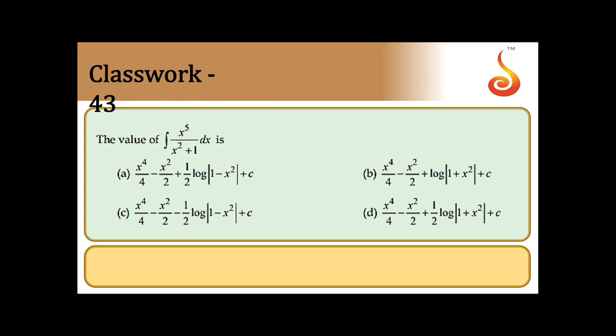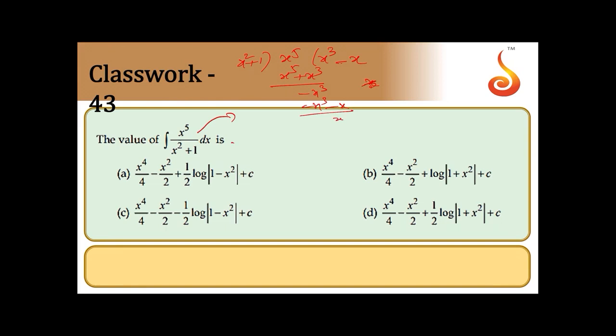43. Integral x to the power of 5 by x square plus 1. I think you can divide x power 5 by x square plus 1. Dividing, the first term is x cube. You get x power 5 plus x cube; subtracting, you get minus x cube. Then multiplying by minus x gives minus x cube minus x; subtracting, you get plus x.